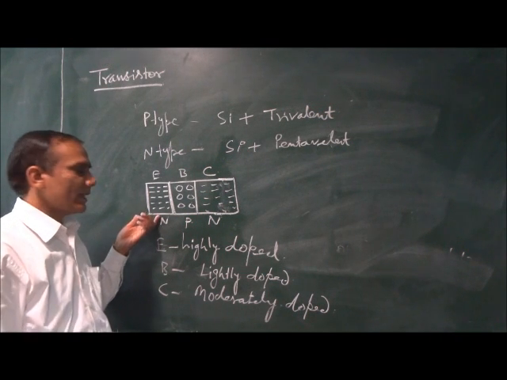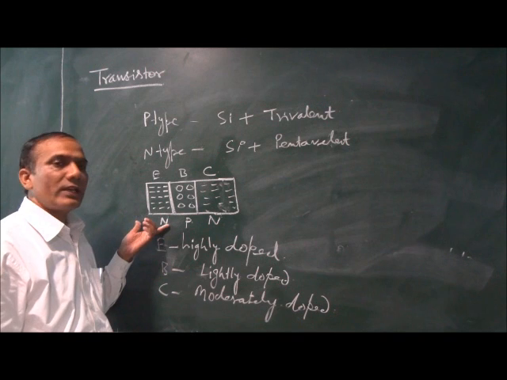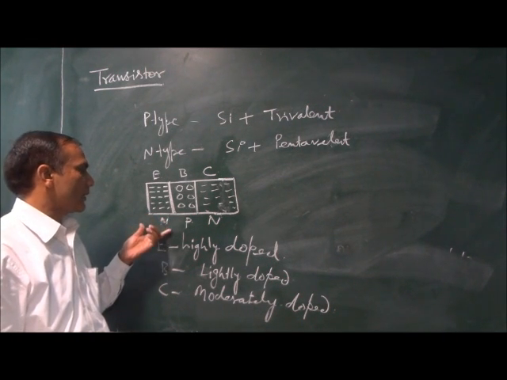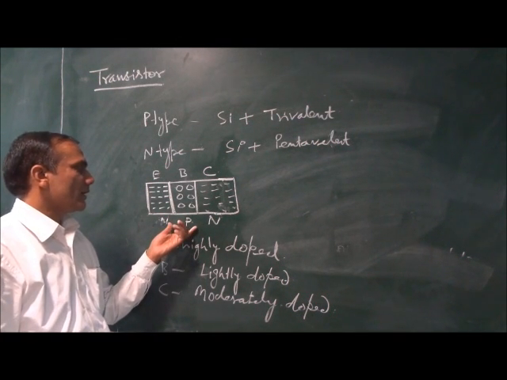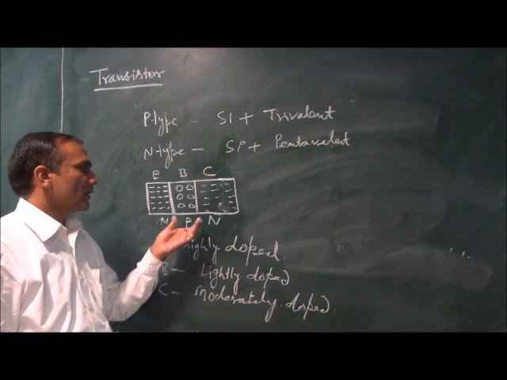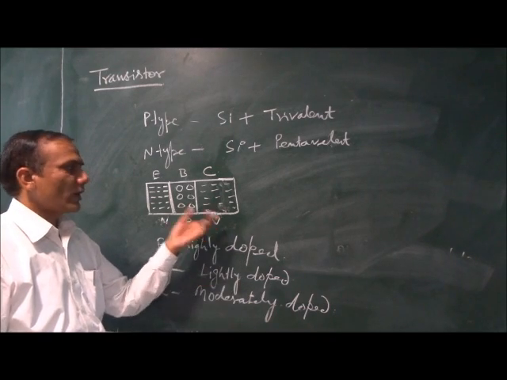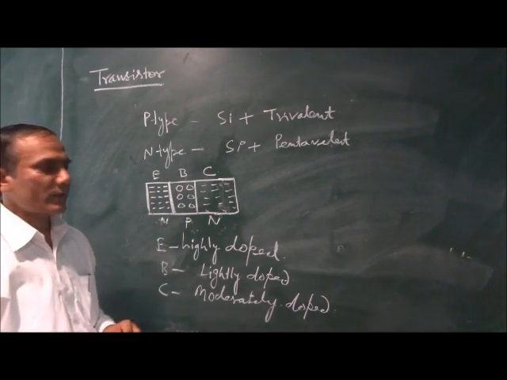So as the emitter is highly doped region, here the majority carriers are electron and they are available in large number. Excess electrons we are having here, and here you are having the holes as the majority carriers, and in the collector region, as this is moderately doped, so you have few electrons available here. So this will be the structure of this one.